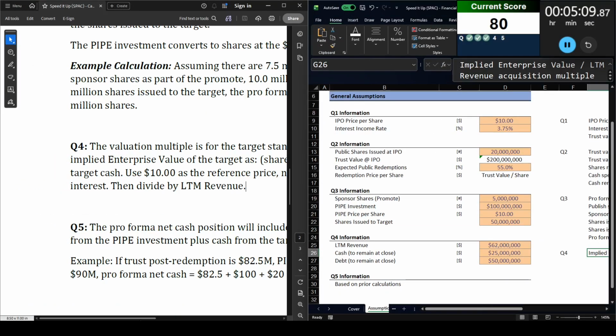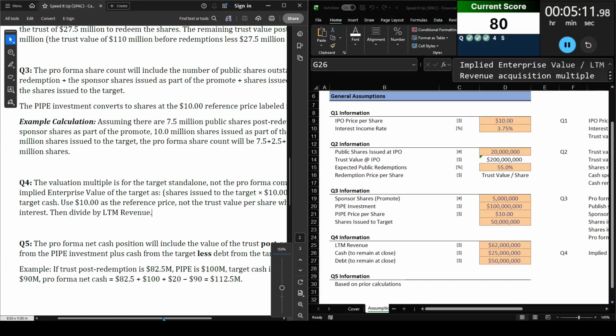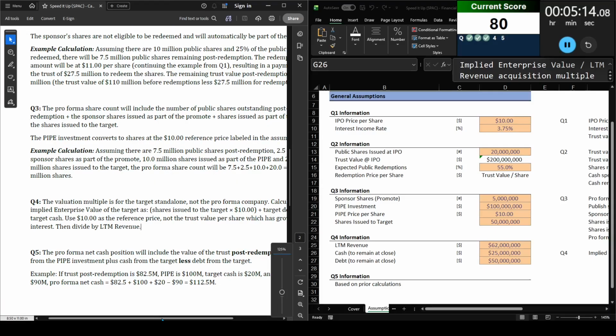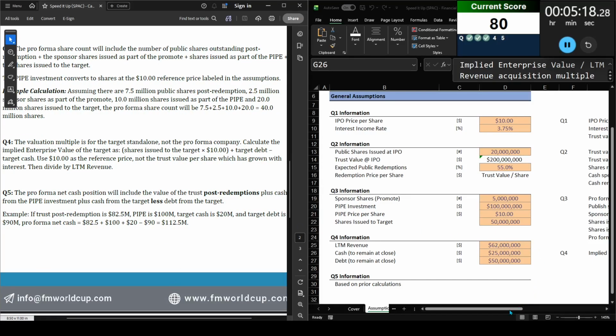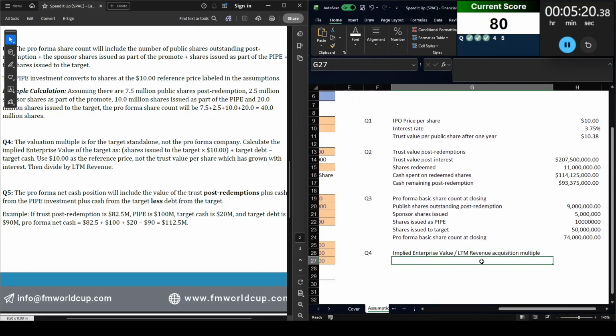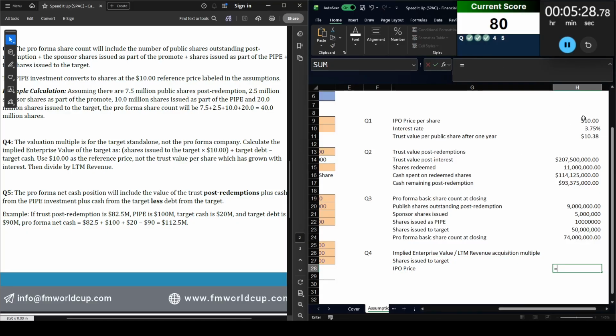So let me just see, can I zoom that out just a little bit and still see most of it? Okay, that's probably the best we're going to do. Okay, so question 4, we need to take shares issued to target times IPO price. So the IPO price was the $10, not the $10.375.